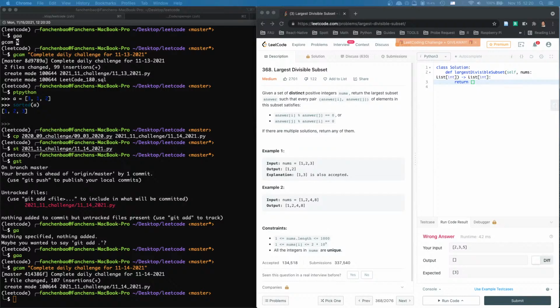That means the largest value will be the small value times something, right? And then it has to be all divisible. Well, they must all have a common factor, right? So if I have a smallest value in there, the smallest value must divide everybody else.